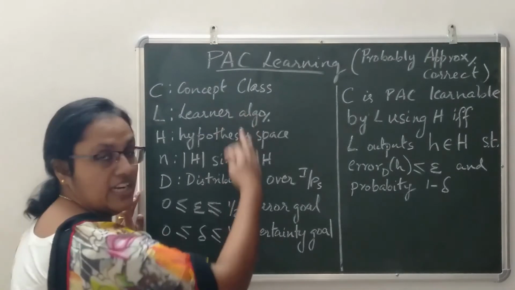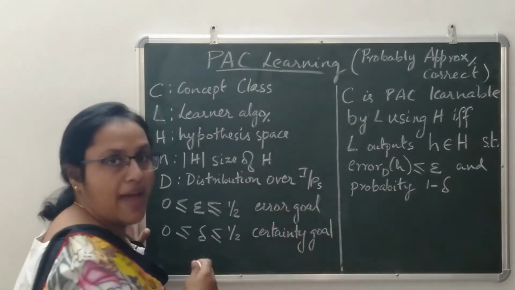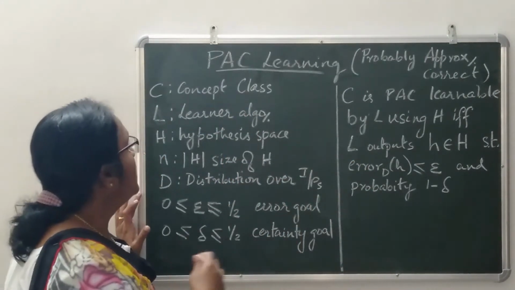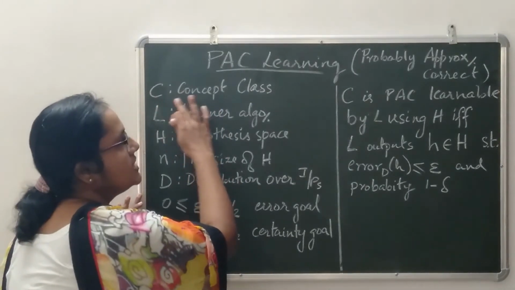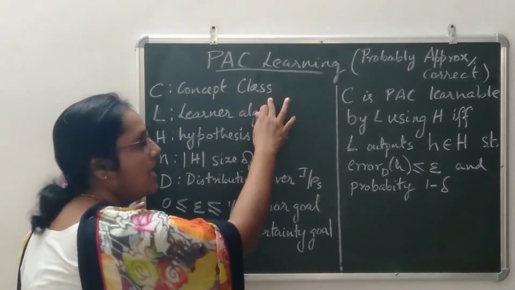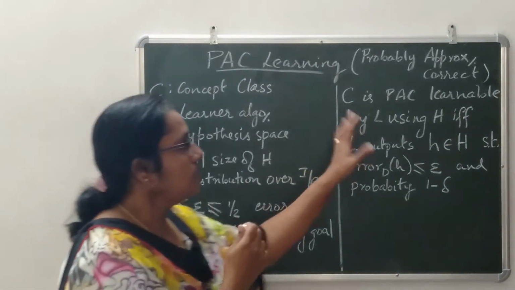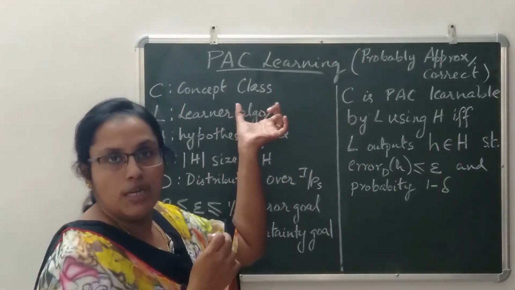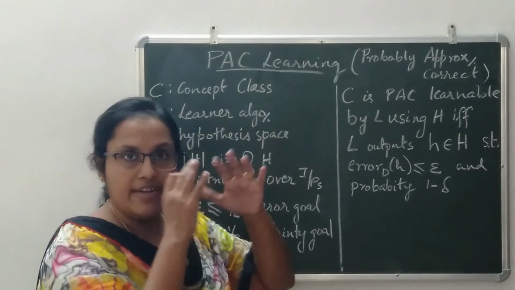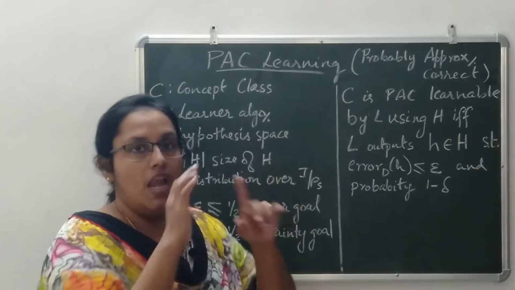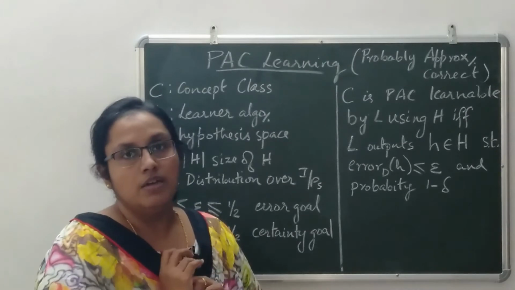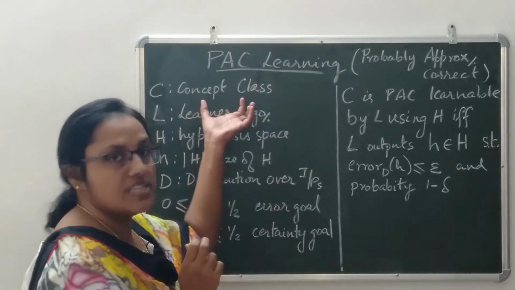We need a few things before we come to what PAC learnable algorithms are. First, C is the concept class. What is a concept class? We are saying that our data can be learned using a particular concept. That is our concept class.